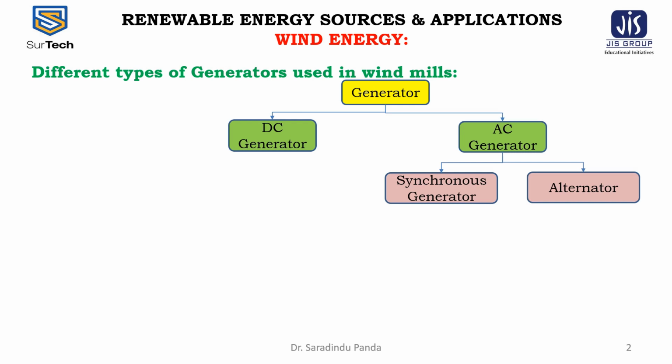The synchronous generator, or alternator, is an electrical machine that converts the mechanical power from a prime mover into AC electrical power at a particular voltage and frequency. The synchronous machine always runs at a constant speed called the synchronous speed.